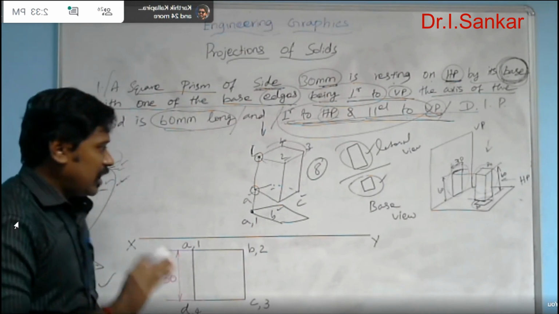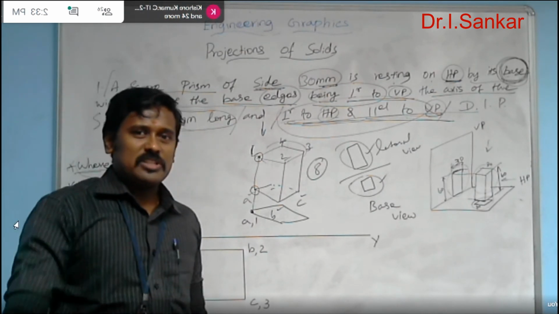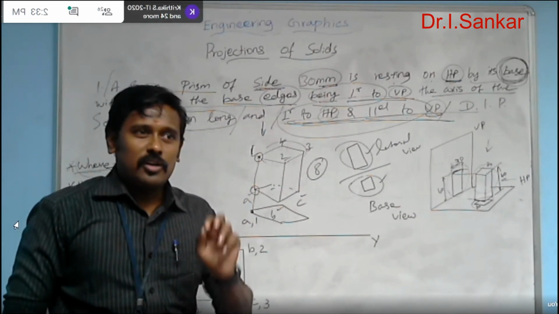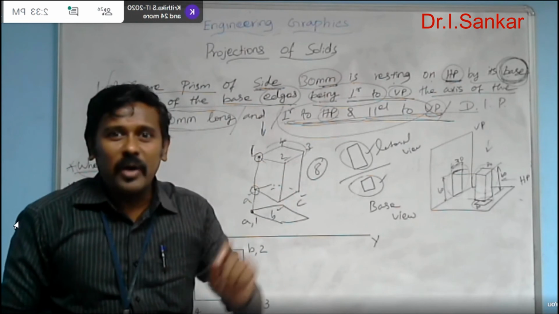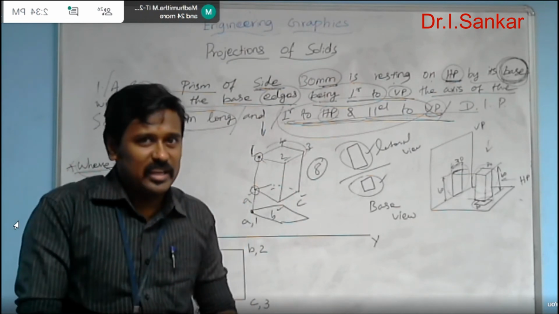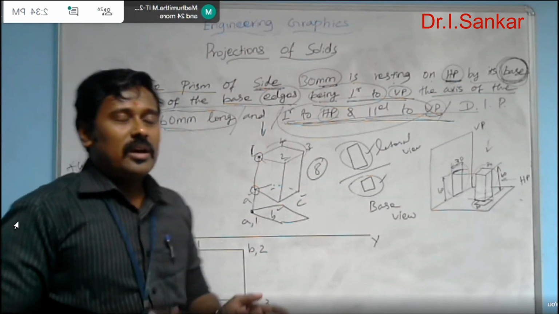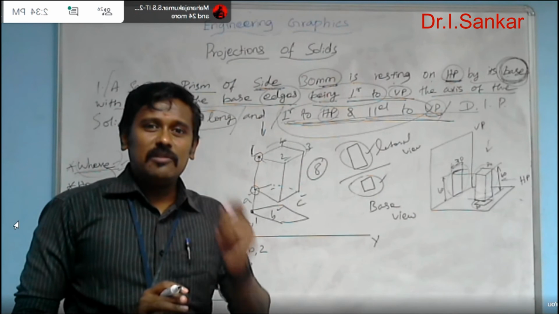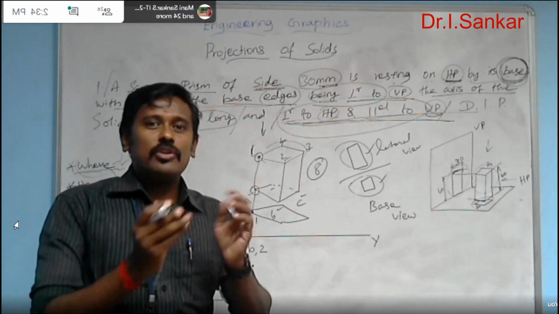And then we already have a rule from our projection of straight lines chapter. Whenever you are supposed to mark the names for 2 corners at the same point, you have to enclose one name inside a bracket. Based on the condition, the one which is invisible to our eyes will go inside the bracket.